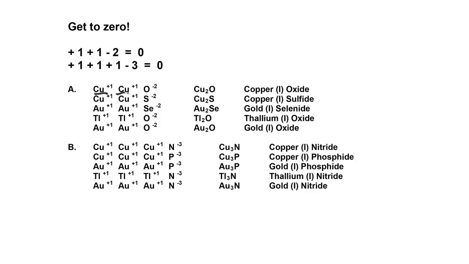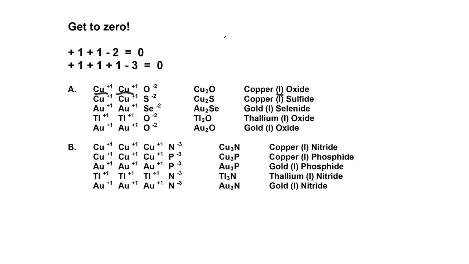So we have Cu2O, copper 1 oxide. It's just like what we did before, except now that there's more than one copper, we have to use this Roman numeral to identify that that is copper 1.